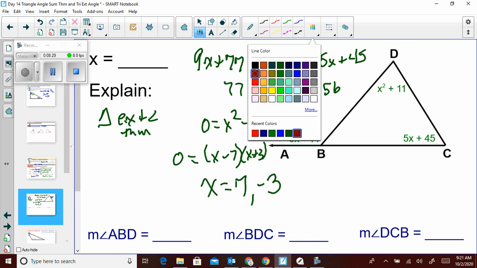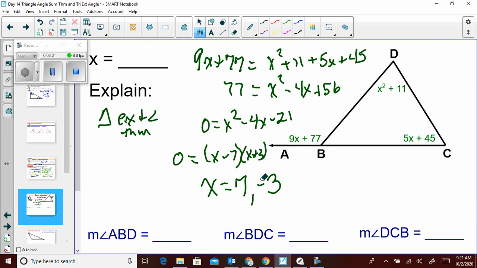Well, we need to check those out. Let's check this negative first. That's an easy one to check out. Okay. It may work. It may not. Right? So let's do negative 3 because we want to see if we can eliminate that or not. So if I plug in a negative 3, for this angle right here, I'm going to get negative 27 plus 77, which is 50 degrees.